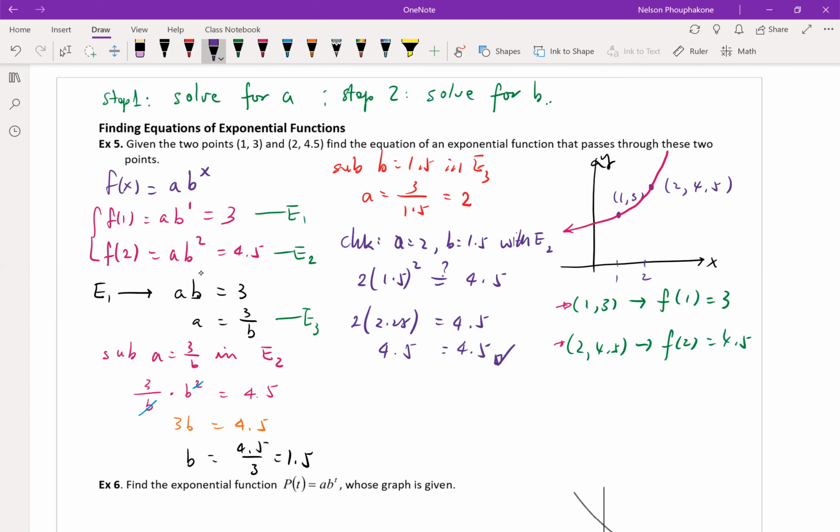Okay. So therefore, in this case, we know that f of x is a is 2, b is 1.5 to the x. Okay, so this is exactly how we find the exponential functions from 2 points.